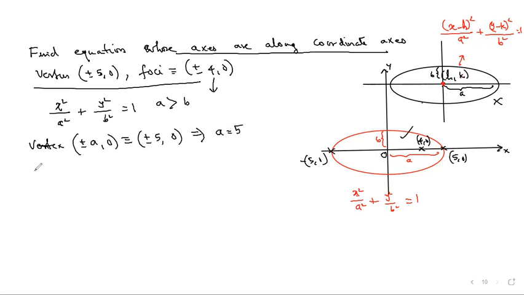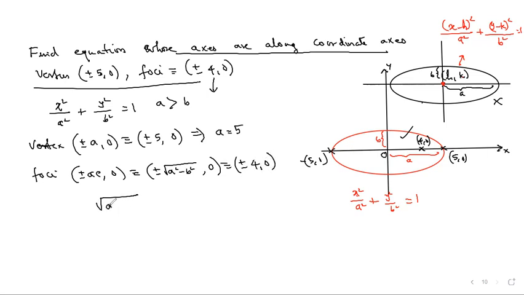Foci is plus or minus AE, 0, which is plus or minus root of a square minus b square. AE can be written as that, which is plus or minus 4. I hope you are understanding that.